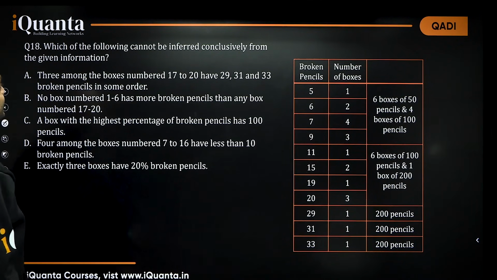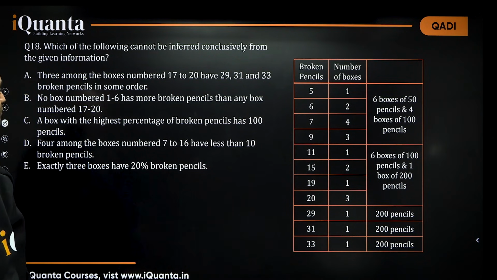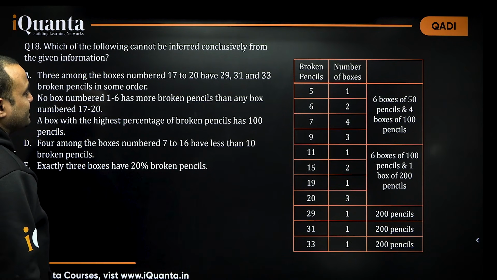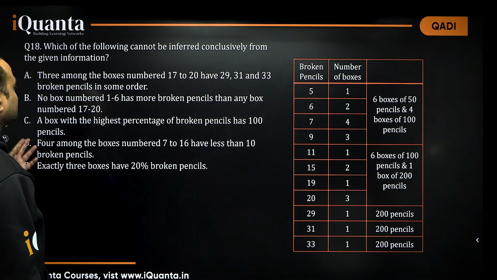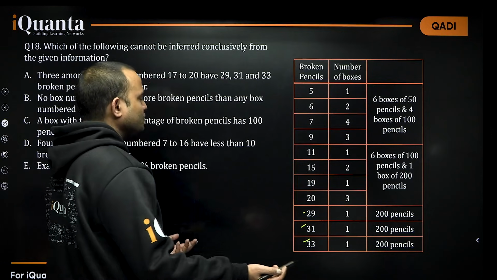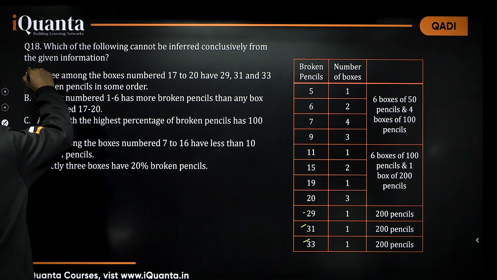Which of the following cannot be inferred conclusively from the given information? Okay, 3 among the boxes numbered 17 to 20 have 29, 31, 33 broken pencils in some order. That is definitely true, but it says cannot be, so let's mark this.